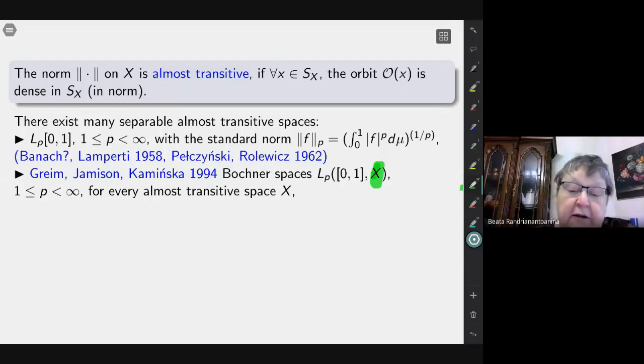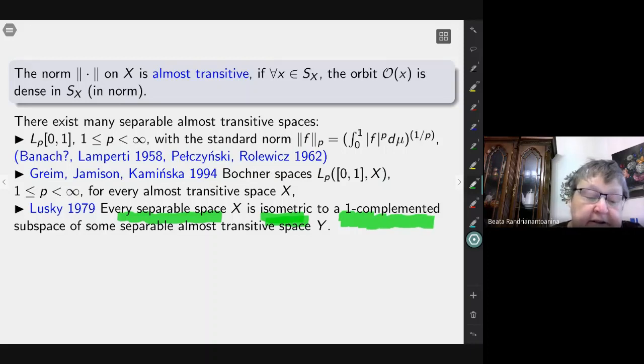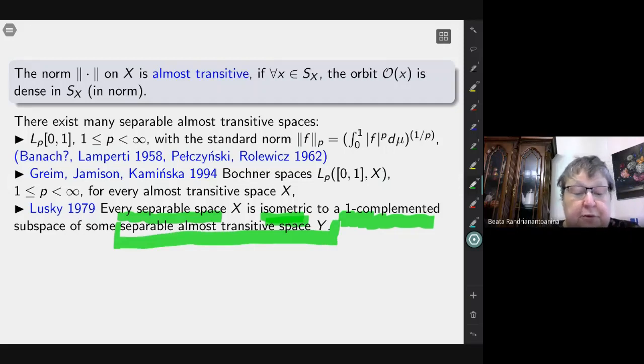So, for example, LP of LQ for different P's and Q's will be transitive. Lusky in '79 proved a very striking and strange result: that every separable space is isometric to a one-complemented subspace of some separable almost transitive space, which means that those spaces should be plentiful, right?